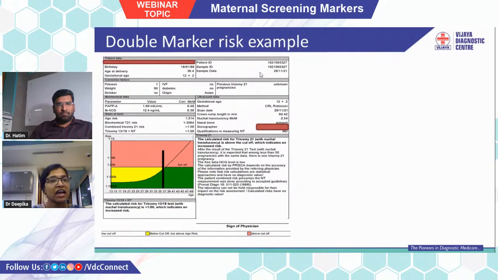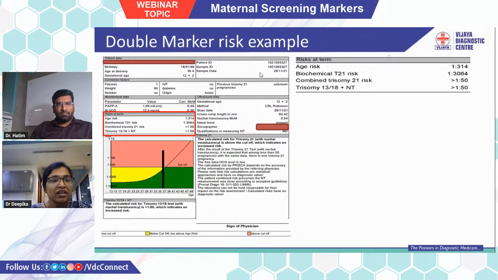Next, this graph represents a double marker risk example. Here in this graph, the risk cutoff is 1 in 250. That is, if it is more than this, we consider them as high risk. For example, in this particular graph, the age risk is 1 in 314. That means out of 314 pregnancies, one pregnancy is affected by the trisomy or a chromosomal abnormality.